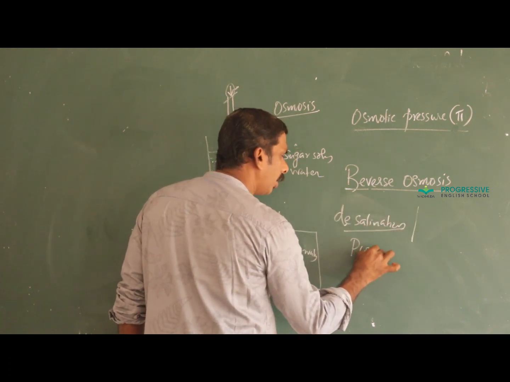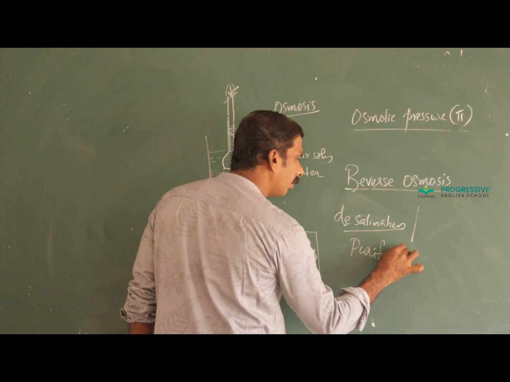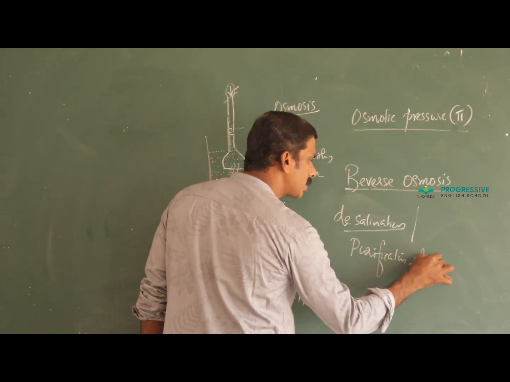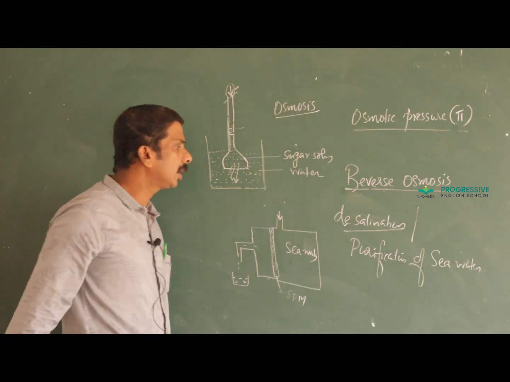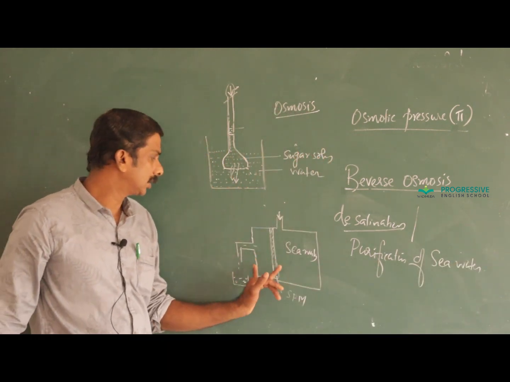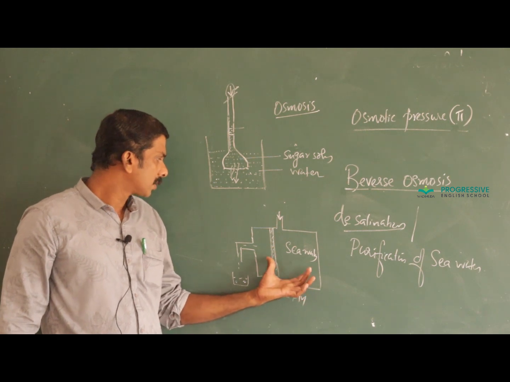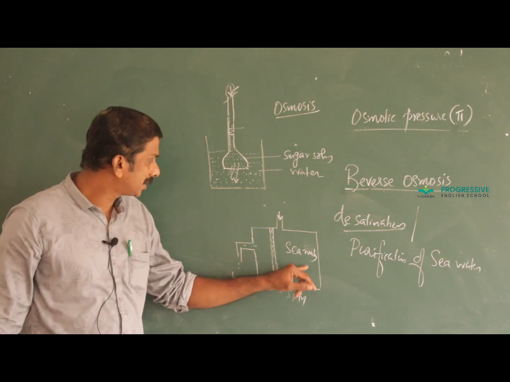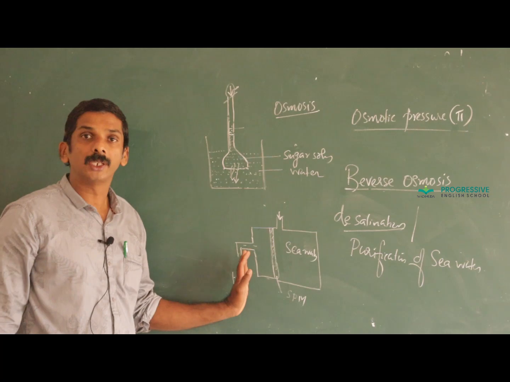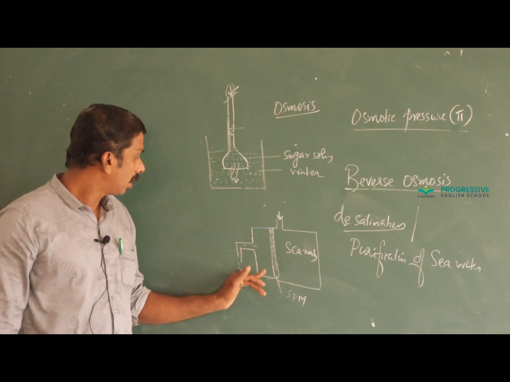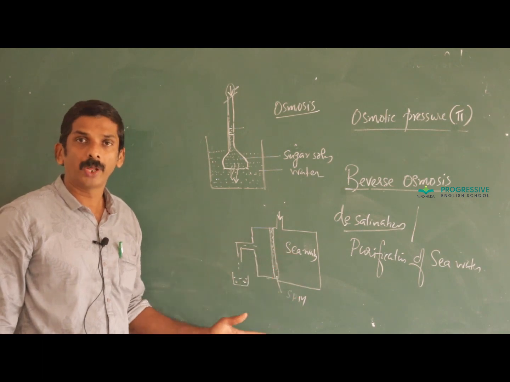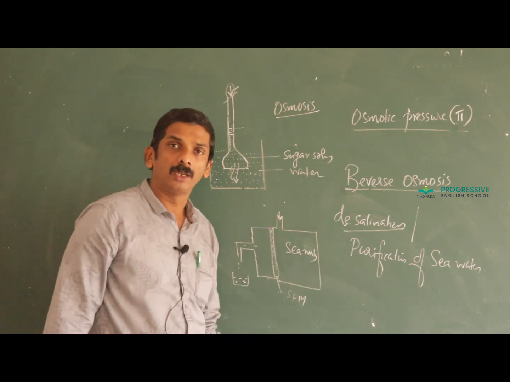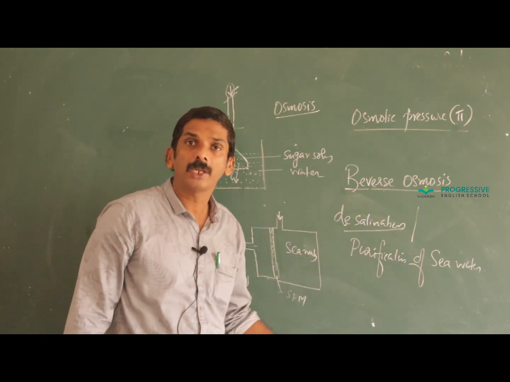Desalination or purification of seawater. Seawater is purified by this process. Suppose the question asks like this, they just give the schematic representation and ask: name the process indicated by the above diagram, explain it and mention any of its applications.